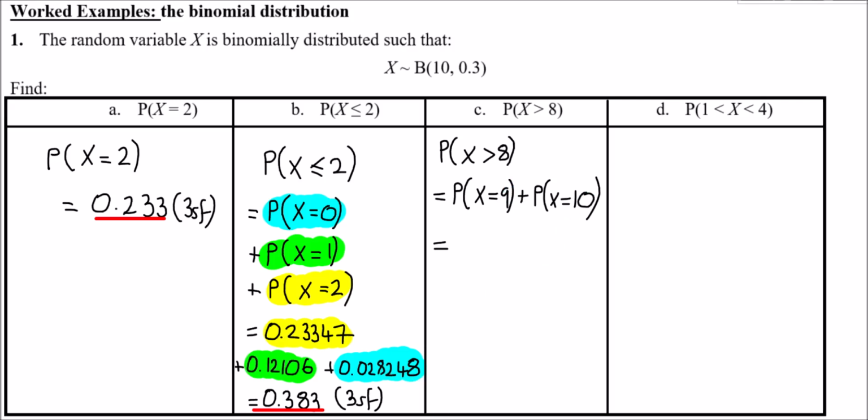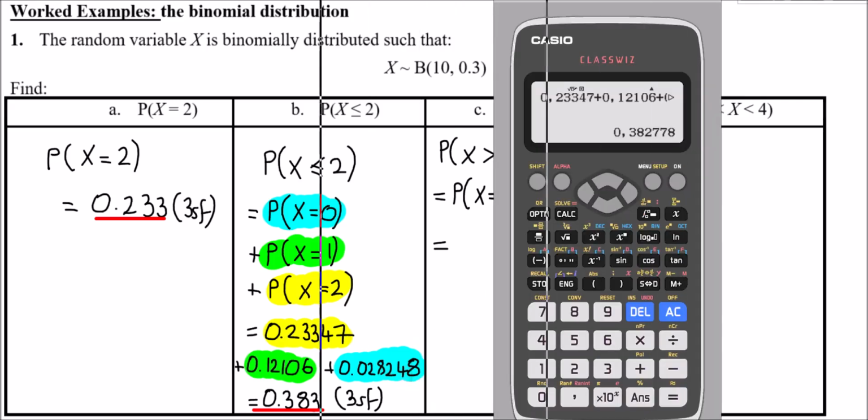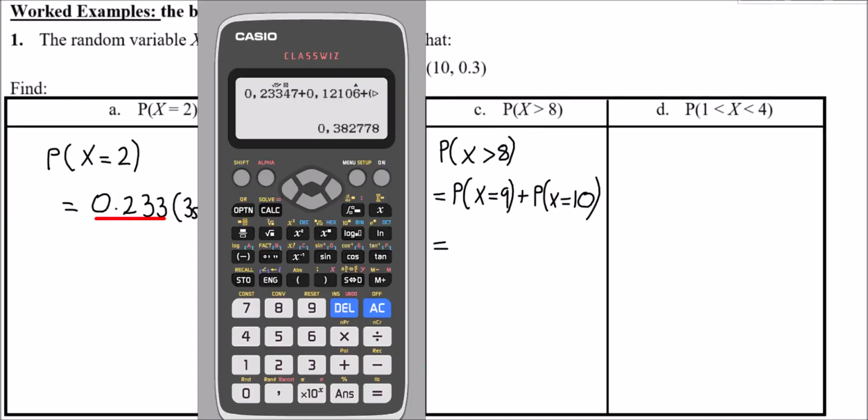So again, we get the calculator ready to go. I'll move it along so you can see what's going on. Press menu, scroll to 7, press equals, binomial PD, so press 4, go for variable, which is 2, and now I'm going to type in that we want 9, my mistake.